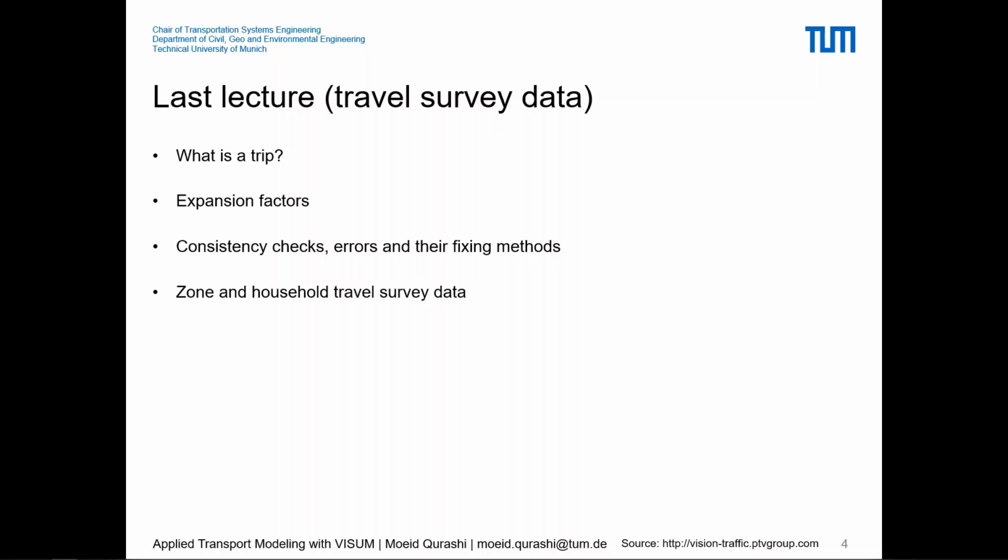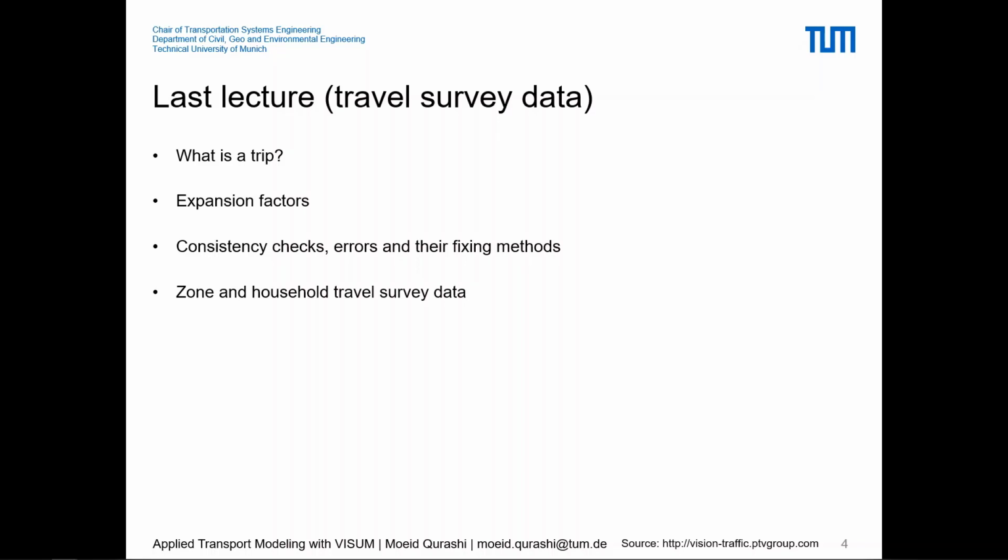So basically you have a survey, you take a percentage of the population, maybe 5% as a sample, ask them using different questionnaires, and then you need to expand this sample to the whole population, which can be done by extracting expansion factors. The third thing we talked about was consistency checks, errors, and their fixing methods.